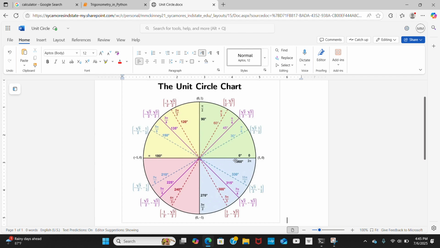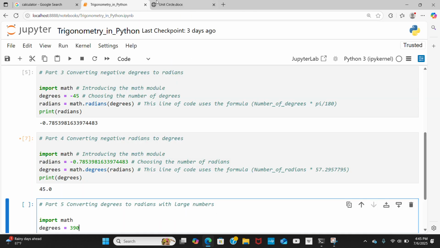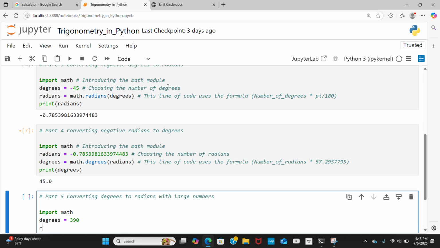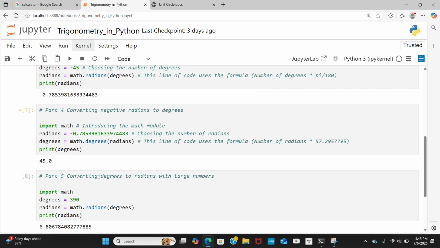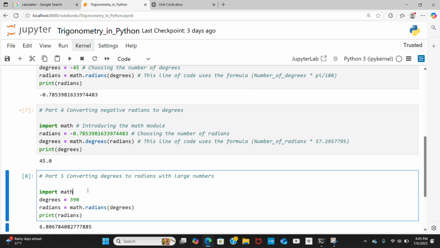It goes on forever, and it's the same thing basically. So I'm going to set radians equal to math dot radians in parentheses degrees, print radians, and I get this number.